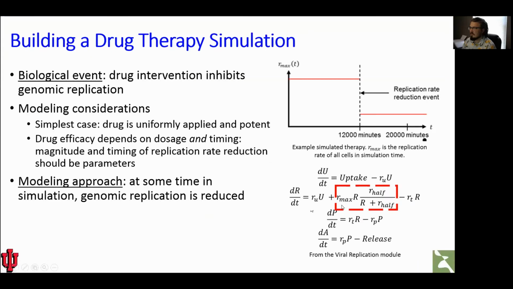We're going to access this coefficient in each cell in that loop, because one of these models is attached to each cell, and the simulation will integrate this system in each cell according to its current state. We're going to go through in this loop at our moment of drug therapy application, and we're going to modify that coefficient in each of those cells.